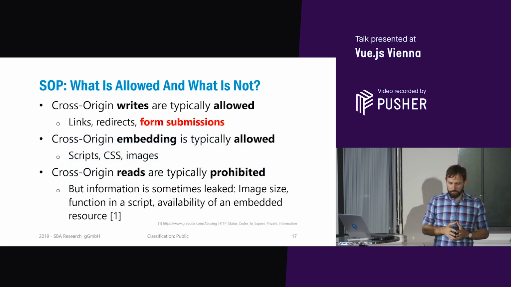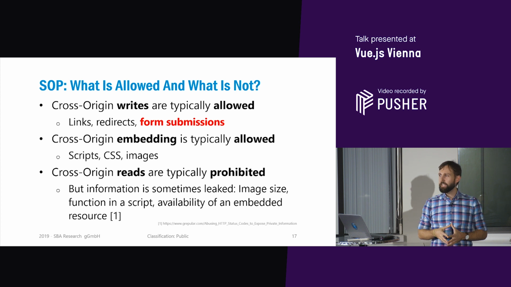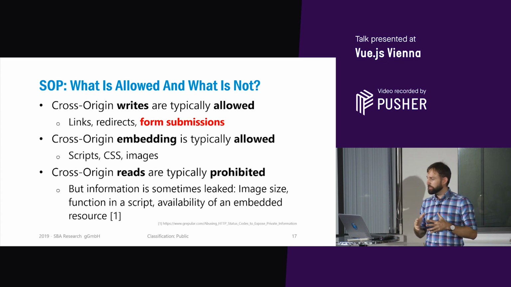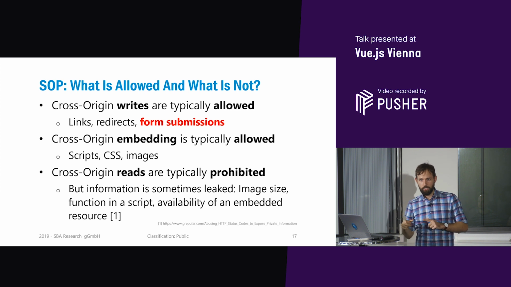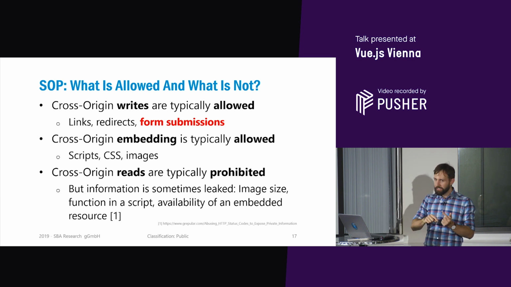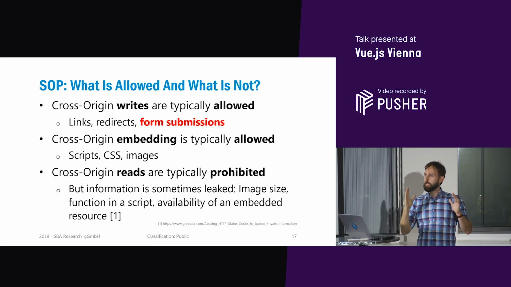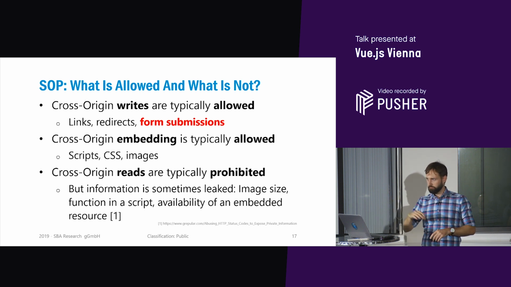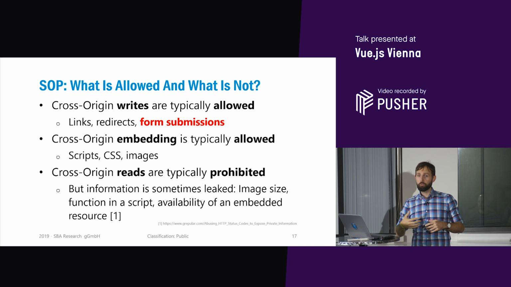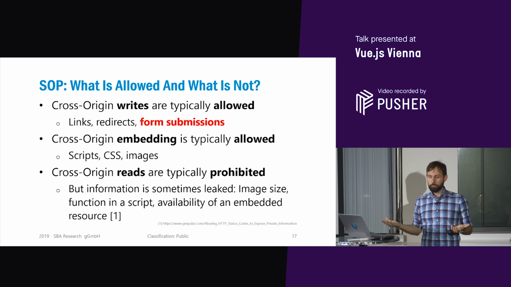Now, here comes the thing that is not intuitive. In the same origin policy, cross-origin writes are typically allowed. Cross-origin reads, on the other hand, are typically prohibited. And cross-origin embedding is also typically allowed. So if you have your website and you have a CDN where you include your Vue.js or any JavaScript framework or an image or a CSS file, that works, right?